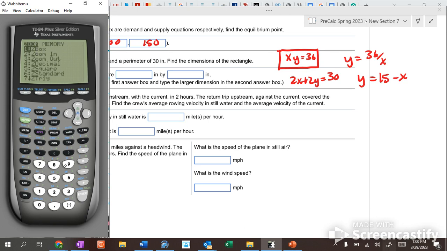And I zoom 6 to get back to my normal window. I don't quite fit in, so I'll just change this from -20 to 20. Okay, so my intersections are right here and right here, because there's no intersections down there.